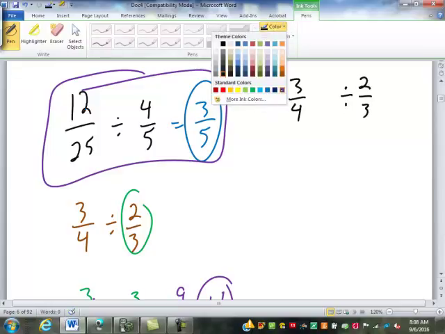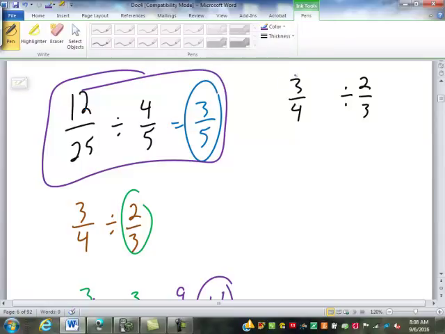Well, once upon a time, before we even defined that concept of a reciprocal, the way we would have done this, we would have looked at this second fraction, and as long as that fraction cannot be reduced in any way, which it can't, we would just do the numerator times the denominator. So it would be 2 times 3, which is 6.